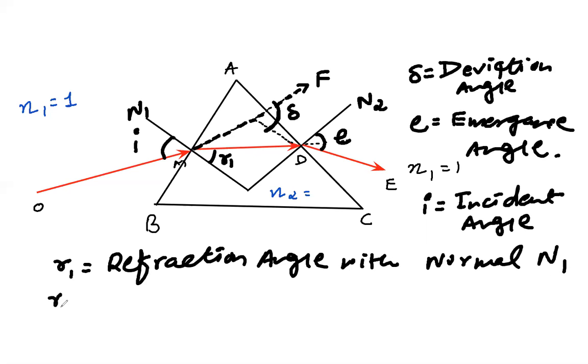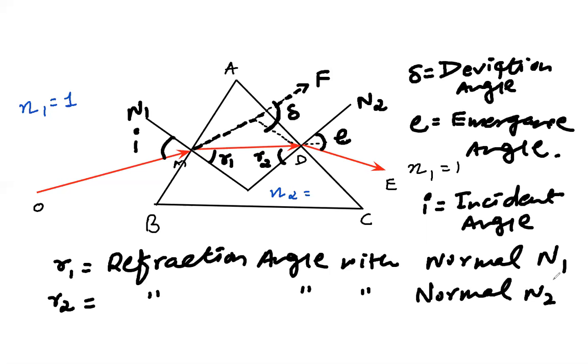And let's say I have R2, the angle with my normal N2. So these are the two angles I have.